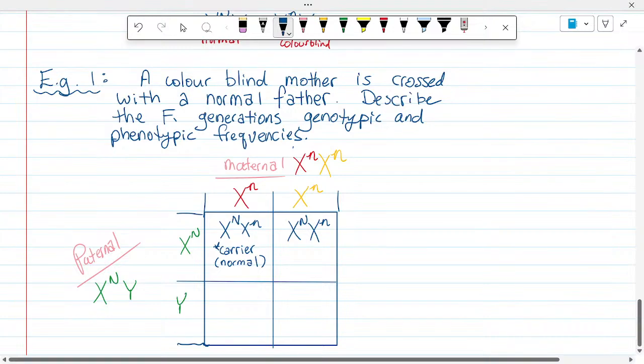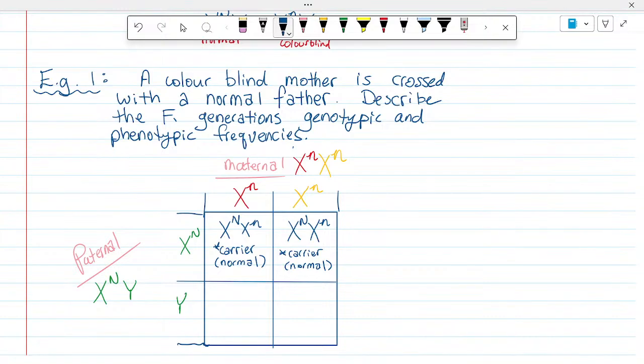Dad, and it got the little n from Mom in both cases. So same thing, this person is a carrier, but they're still normal. Genotypically they may be a carrier, but phenotypically they are normal. There's no way to distinguish them without looking at their genes from somebody who has two good copies. You only need one good copy of this gene to have good color vision.